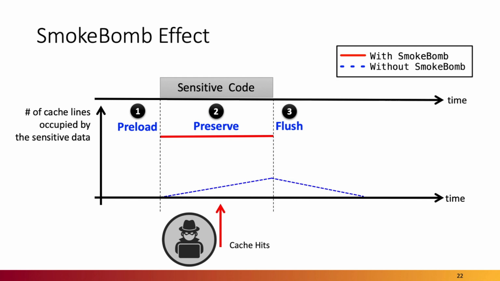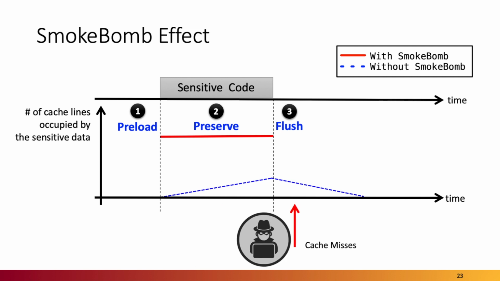For example, if an attacker checks access times to the sensitive data in the middle of a sensitive operation, attack results will be all cache hits. If an attacker checks access times after the sensitive code terminates, the attack result will be all cache misses because there is no sensitive data in the cache.